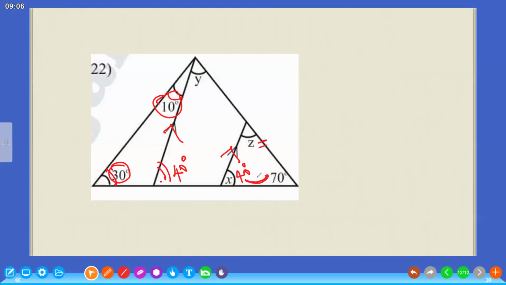So 110. So this is 70. If this is 70, this one is 70. Is it okay?